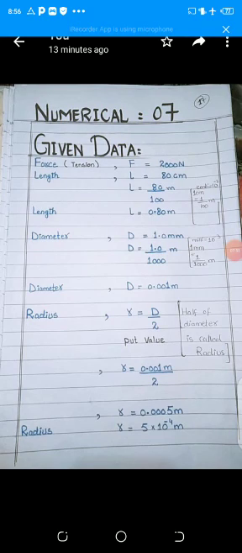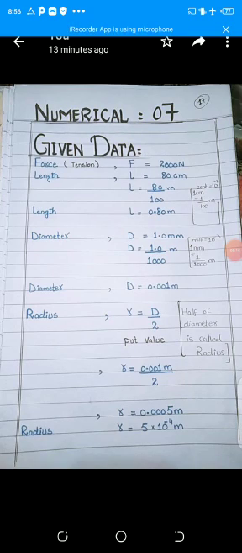Now the diameter D equals 1.0 millimeter, and dividing by 1000 to convert into meter comes to 0.001 meter. So the diameter comes to 0.001 meter. Radius R equals D by 2. Put the value, D is 0.001 meter divided by 2, and it comes to 0.0005 meter.